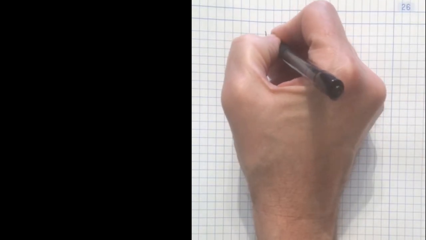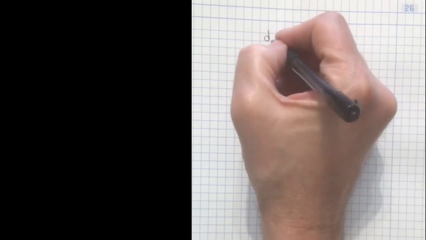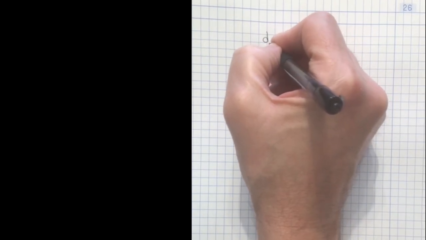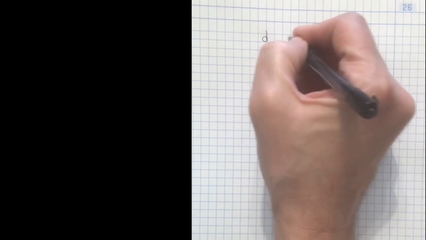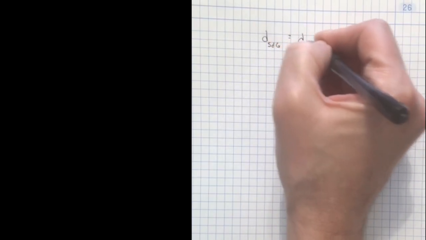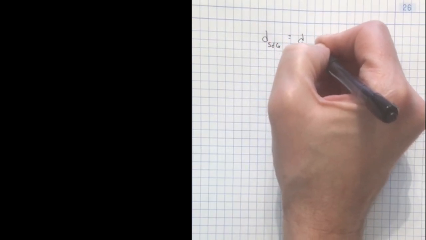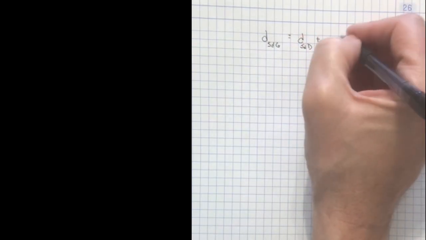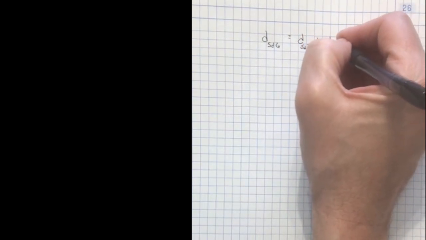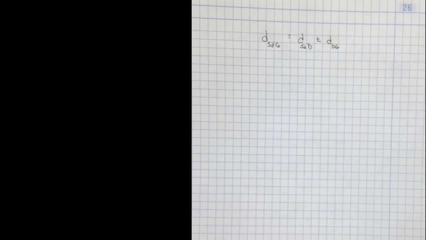Here's the derivation of a detector moving. Again, we're going to start off with our concept of relative motion. So the distance for the sound with respect to ground is going to be equal to the distance that the sound moves with respect to the detector, plus or minus the distance the detector moves with respect to the ground.